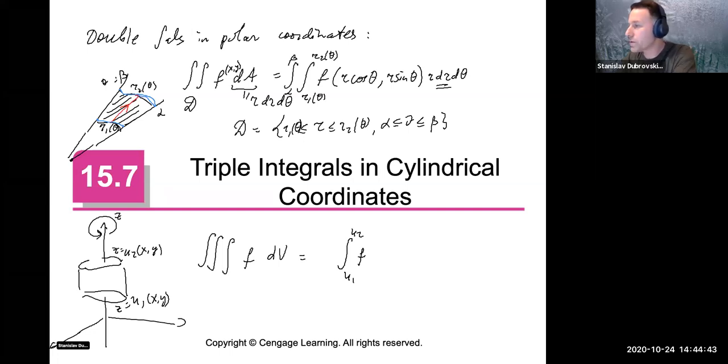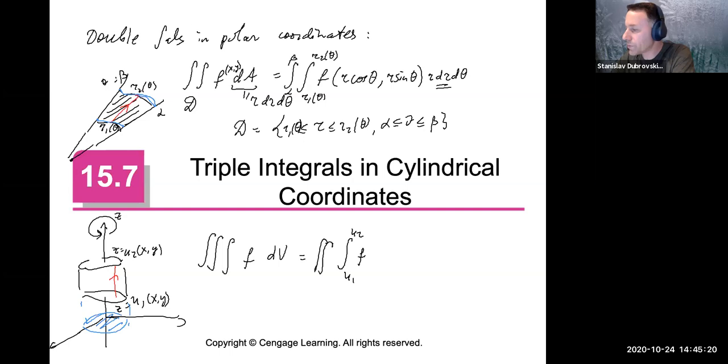So this all happens on top of the region on the xy plane, which projects nicely into, well, if we are talking about rotational symmetry, now it would be something like a circle, not necessarily the full circle, maybe part of it, maybe an annular region. But okay, let's say for simplicity a disk now. Then the first integration will be done with respect to z, as for a type 1 solid in general.